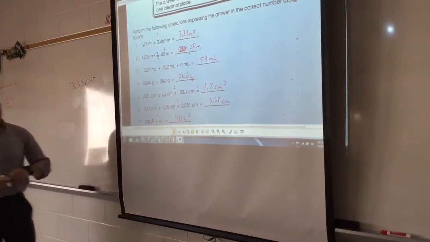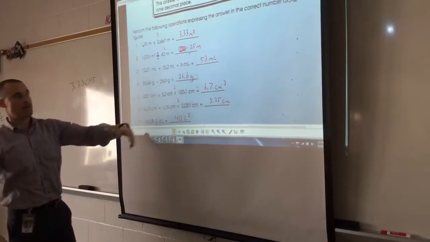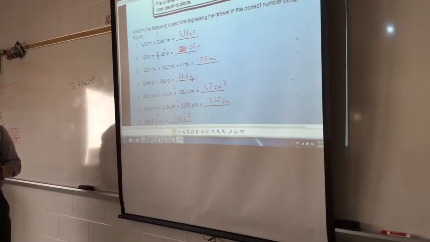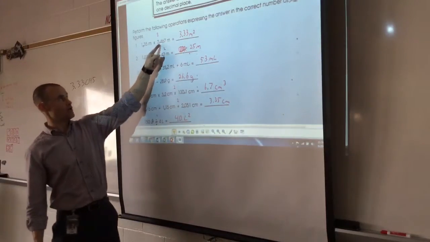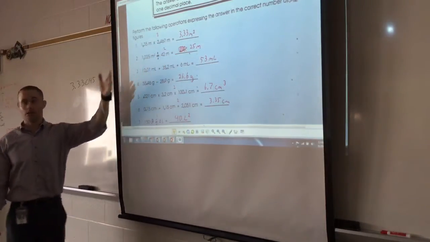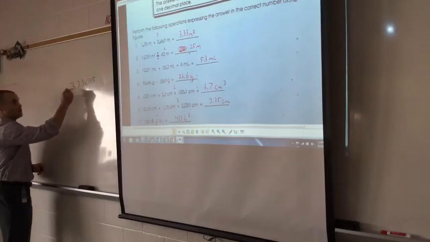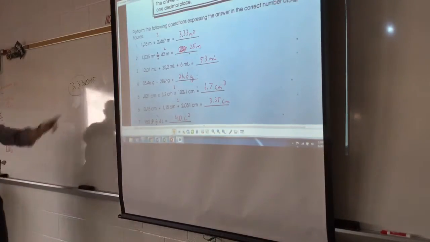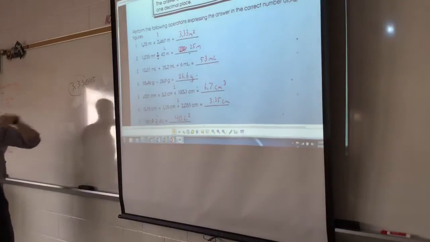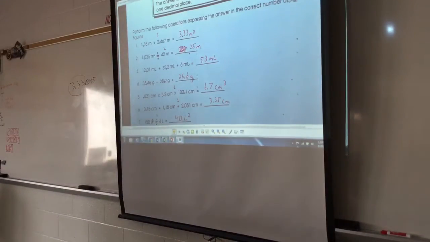So the rule is when you multiply and divide, you round it to the lowest number of significant figures. This number has 3, that number has 4, so 3 is the lowest. So 1, 2, 3, that's my answer. I would keep that a 3 because that's a 0, right? Less than 5. So I'm not rounding up.